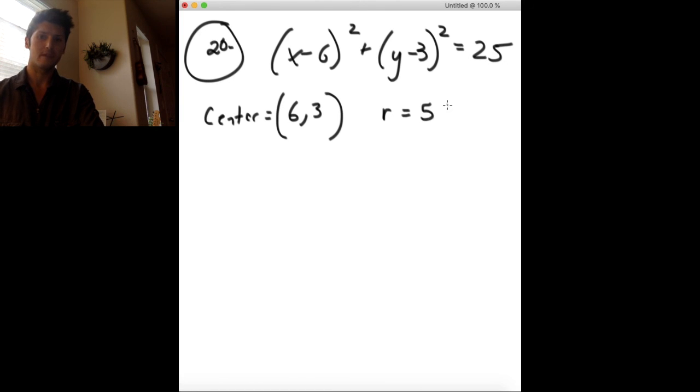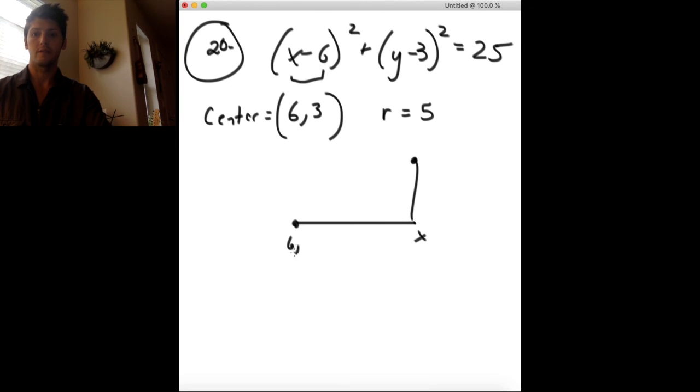I'm not going to go into great detail about that, but think about it like the Pythagorean theorem. The x and y here are points on the circle. So the difference between the x coordinate and 6, think about that as a horizontal line from 6 to wherever x is. And then this is from 3 up. Maybe I'll do it like this so you can see it this way.